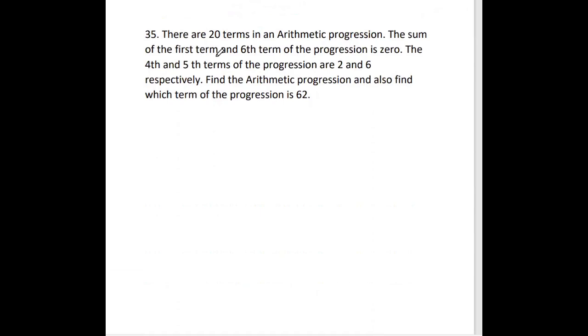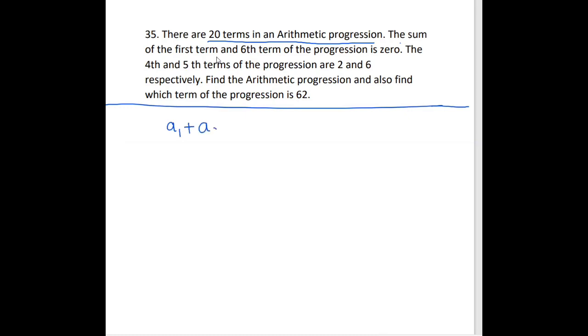Now let's come to the 35th question, which is arithmetic progression. First read it properly. There are 20 terms in an AP. The sum of the first term and sixth term is 0.